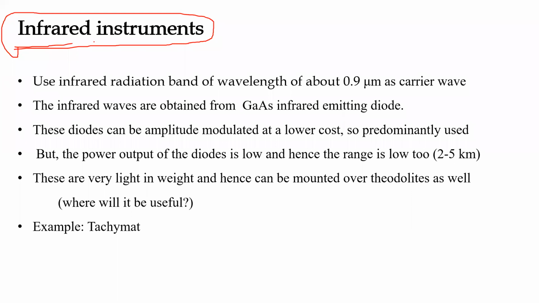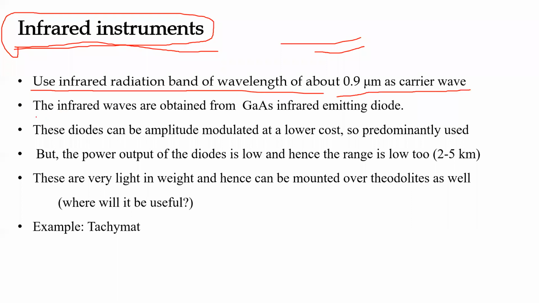So check what kind of waves infrared waves are, what the wavelength and frequency are. Basically it uses an infrared radiation band of wavelength of about 0.9 micrometer as carrier wave.